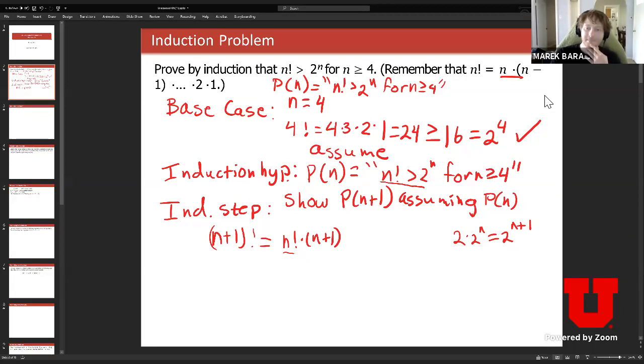So to put that together, by our induction hypothesis, n factorial is greater than 2 to the n. Okay. So we have 2 to the n times n plus 1. This is by induction hypothesis.